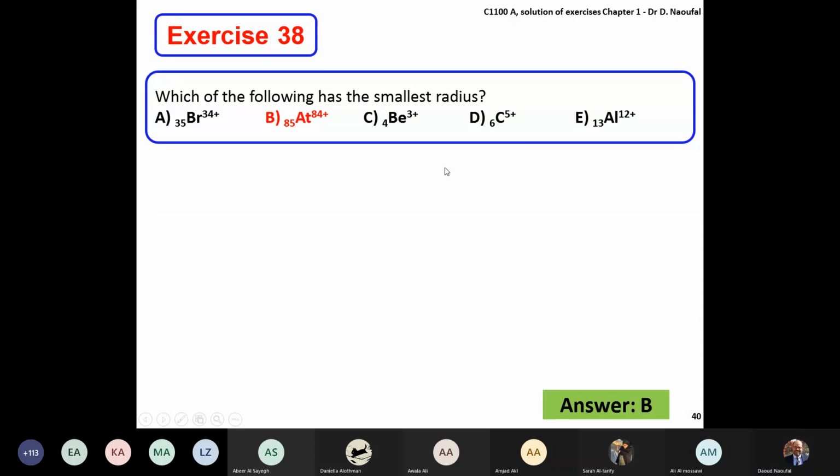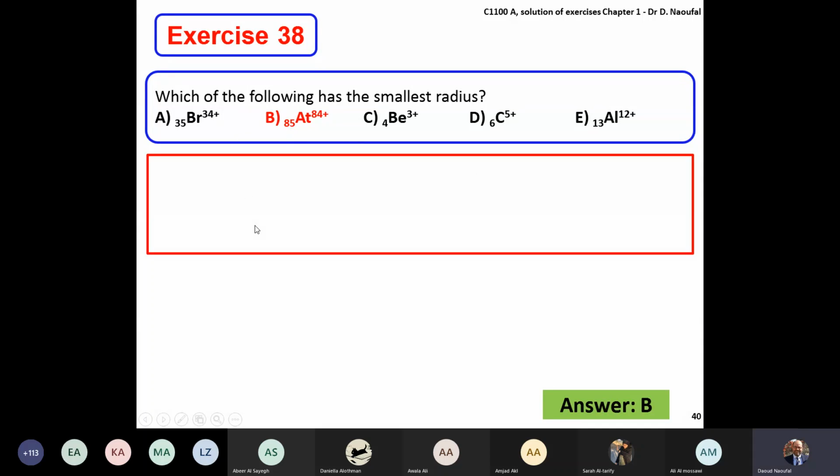If we look at the number of electrons in the species, we observe that in Br 34+ we have 1 electron, and in At 84+ we have 1 electron. Beryllium 3+ also has 1 electron, the same for carbon 5+ and Al 12+. So all the above species are isoelectronic, and these species contain 1 electron.